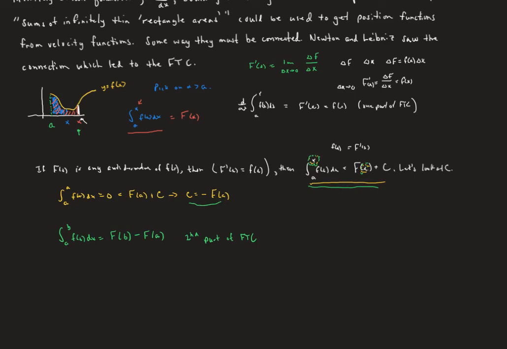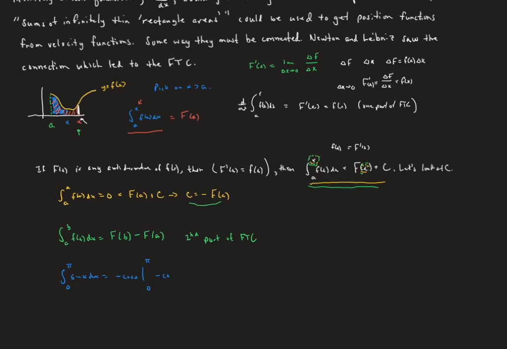So kind of an interesting way of looking at it. The takeaway is just that we can use it. So we know that, for example, the integral from 0 to pi of sine of x dx is, we look for an antiderivative of sine, which we know is a negative cosine. And remember, we use this symbolism: we evaluate at the upper limit minus at the lower limit.